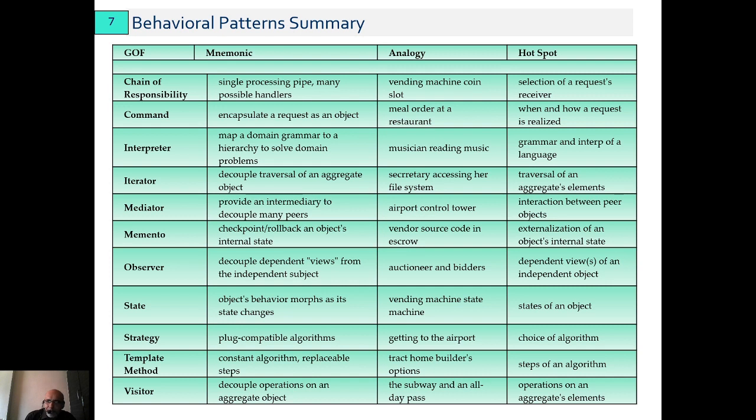That is, the choice of algorithms is indicated through strategy, just like switch case. And template indicates a constant algorithm, where replaceable steps could be there, and the steps can be rearranged and managed. And visitor, as the name suggests, operations on the aggregate elements are being done.